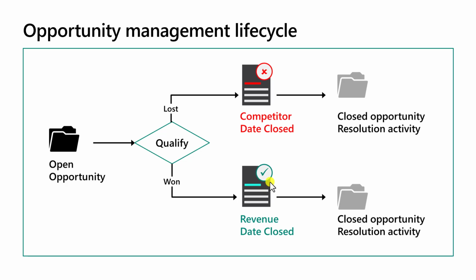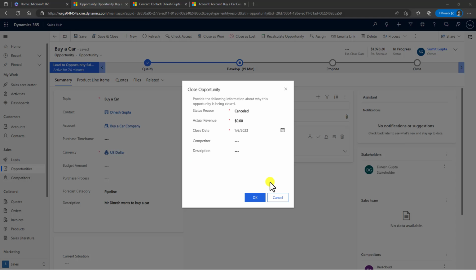The more knowledge they have, the more they are exposed, and the more able they are to meet the business requirement in future. See, canceled, why you are canceling it, and if you are losing it to a competitor, then you can write the competitor name and a description; all this information would be available in there.